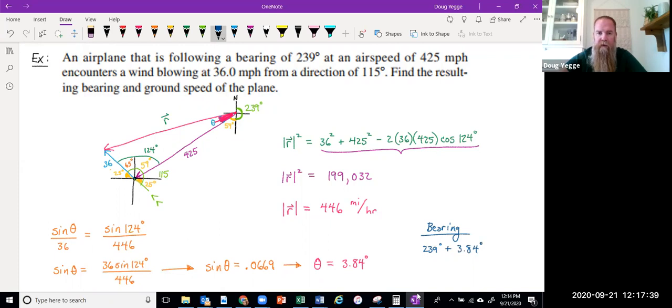Which means that my final bearing is approximately 242.84 degrees. So there's our bearing. This up here is our ground speed. And again, even though we use the law of cosines and the law of sines in order to solve this, we need to realize that the most important part was our accurate diagram.